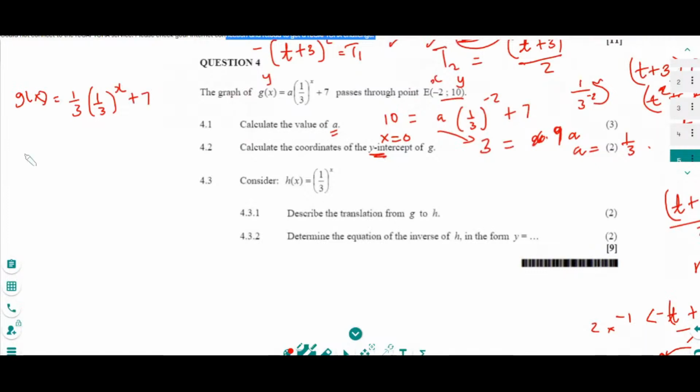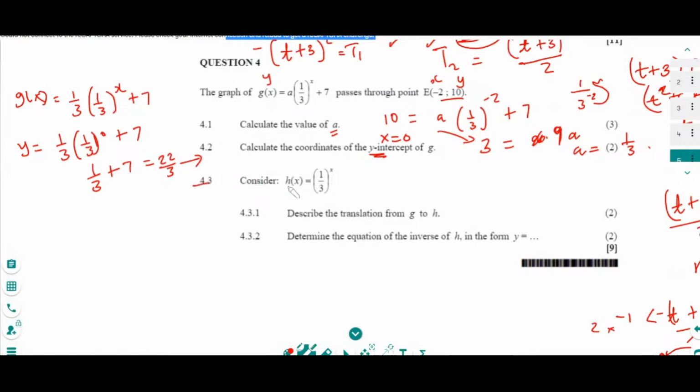Replace x with 0 there. So y is equal to 1 over 3 into 1 over 3 to the 0 plus 7. Any number to the exponent of 0 will always be 1. 1 times 1 over 3 will be 1 over 3 plus 7. Simplifying this will give us 22 over 3. So the y-intercept is 22 over 3.